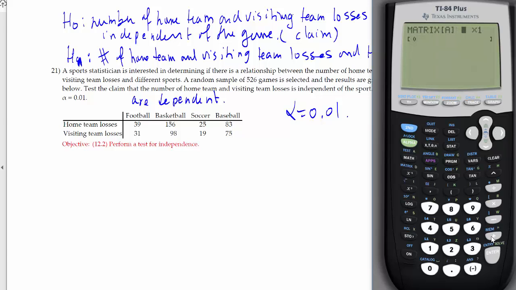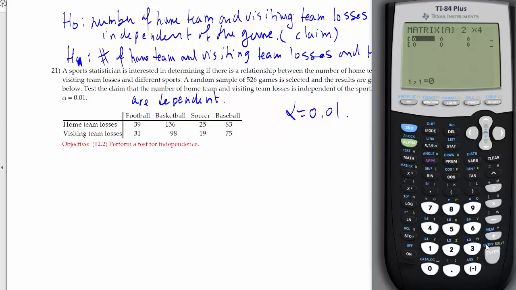This matrix has how many rows and how many columns? It's the actual data values. So you have 2 rows of data and 4 columns of data. So it's going to be a 2 by 4. And look, 2 by 4 was created for you.